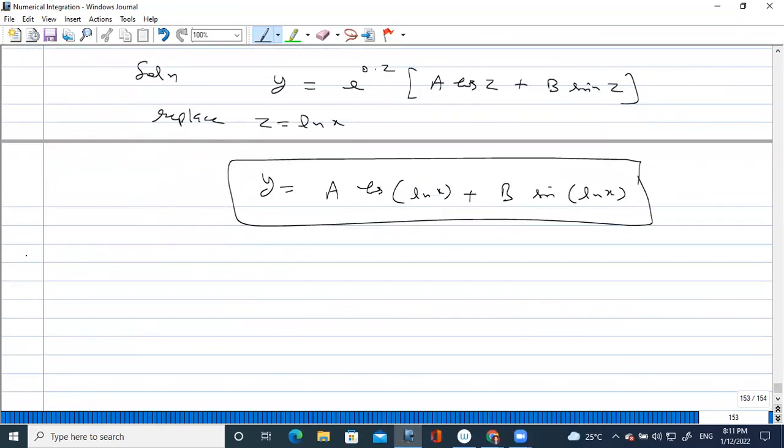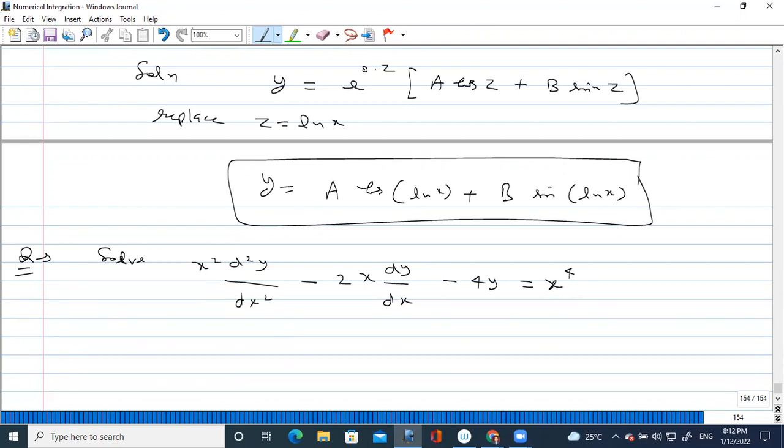So quickly, can you solve one problem? Because ultimately you have to practice the things. I'm giving you a question: x square d2y by dx square minus 2x dy by dx minus 4y is equal to x to the power 4. Can you solve this problem? Because here R is also there.